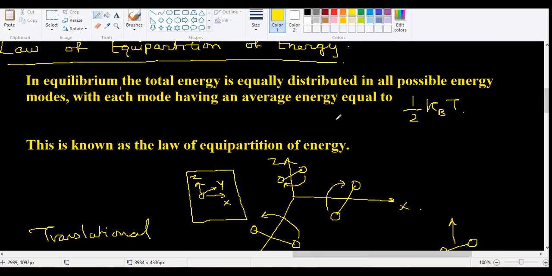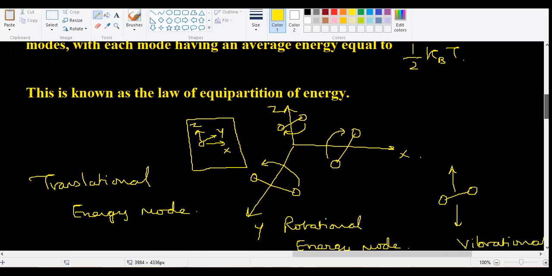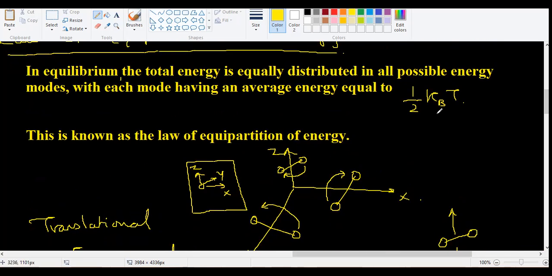So without proof, we are taking that if I take the total energy, the total energy is equally distributed in all possible energy modes. So I told you what are the energy modes. So you have XYZ translation energy mode. You have XYZ rotational energy mode. So with each mode having an average energy equal to half kBT. So each mode will have an energy of half kBT.